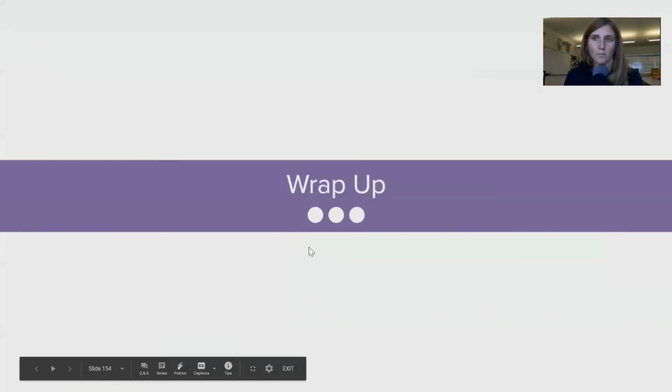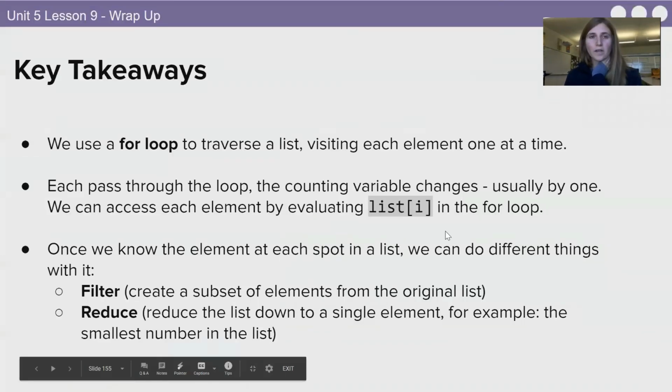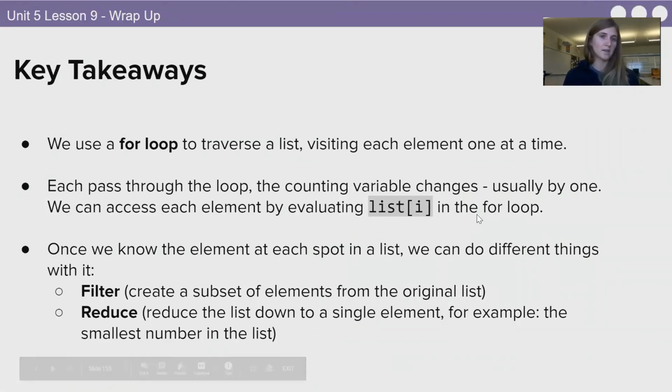So just have a little bit more to go. We're gonna take a look at our key takeaways. So we use a for loop to traverse a list, visiting each element one at a time. Each pass through the loop, the counting variable changes, usually by 1. We can access each element by evaluating list I in the for loop, right?